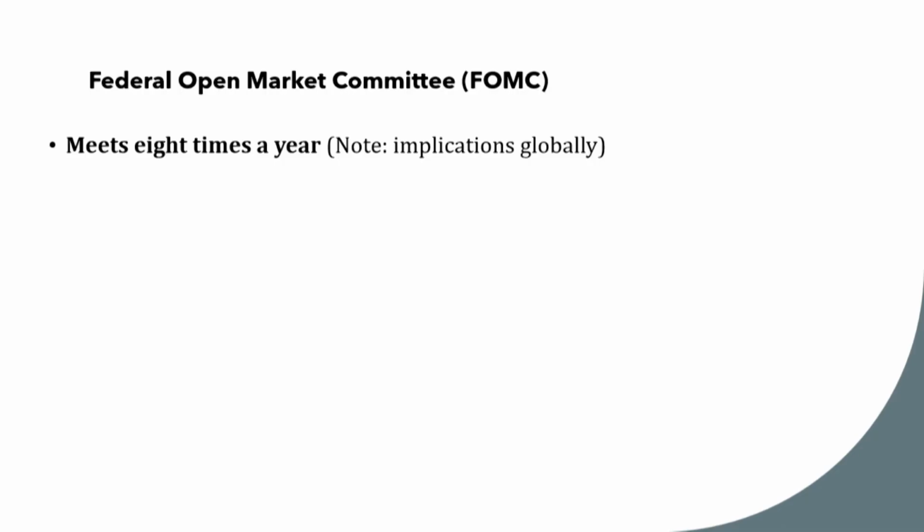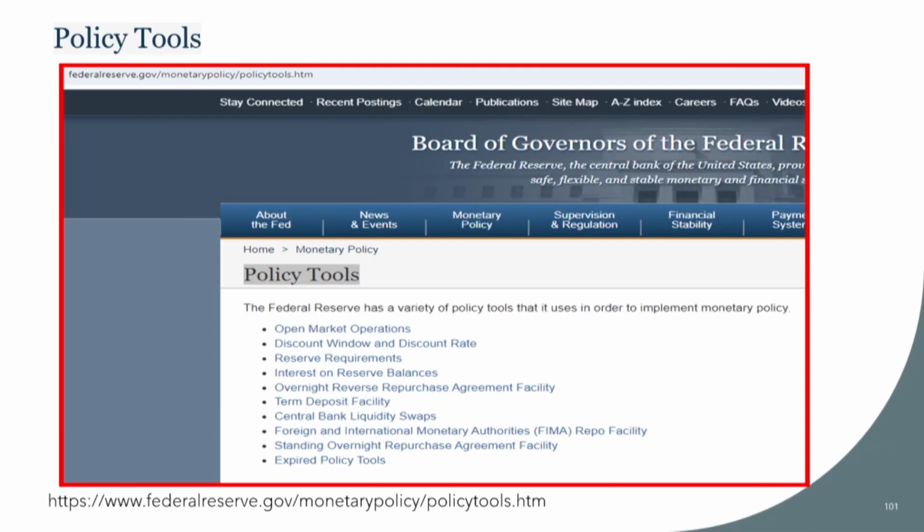The FOMC meets 8 times a year, and you know that it has global implications. The stock indices across the globe fluctuate according to the meetings of the FOMC. Sometimes if they raise or lower the rate, it has implications for the stock market and debt market. So this is about the policy tools.